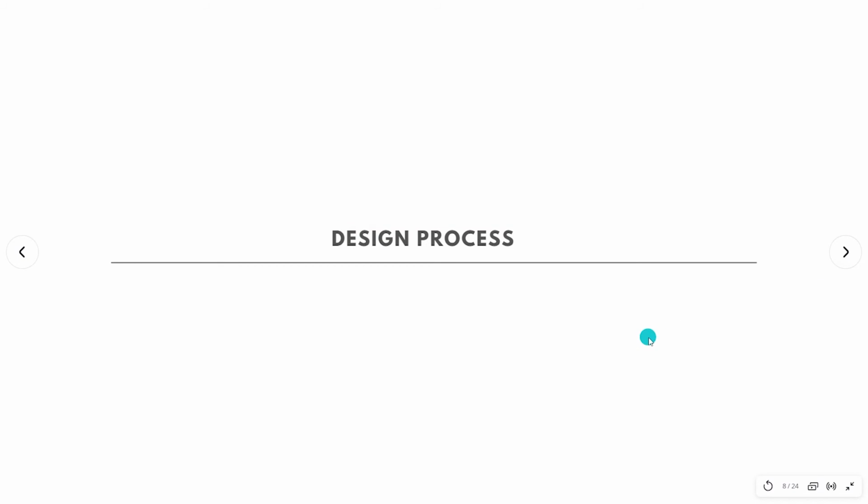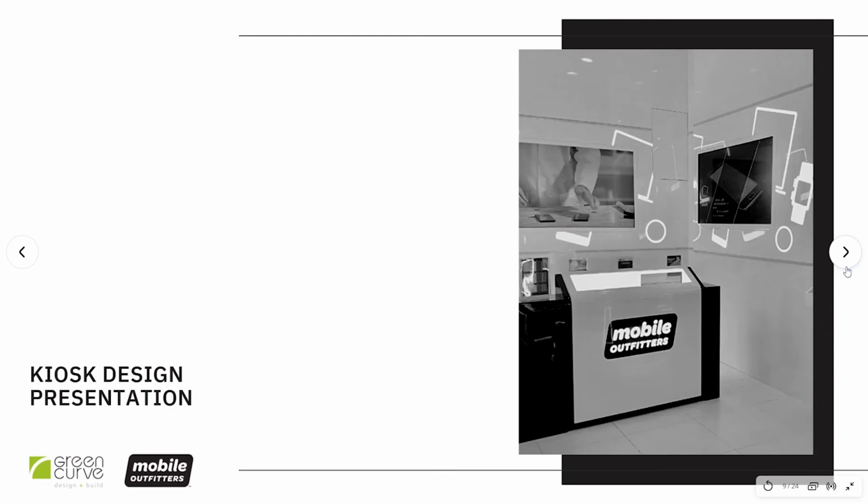The design process that is involved. This is a quick run through about the process. Here is a presentation that we made for a company called Mobile Outfitters. They're pretty well known in UAE. You can come across their brand in a lot of malls. This kiosk design was presented for their upcoming project.